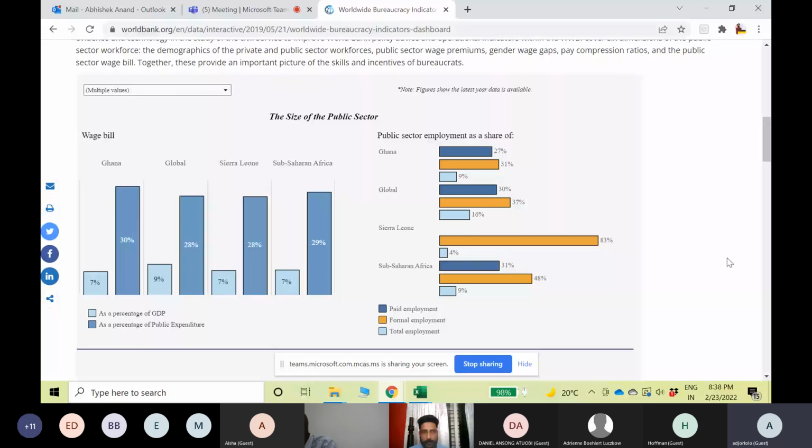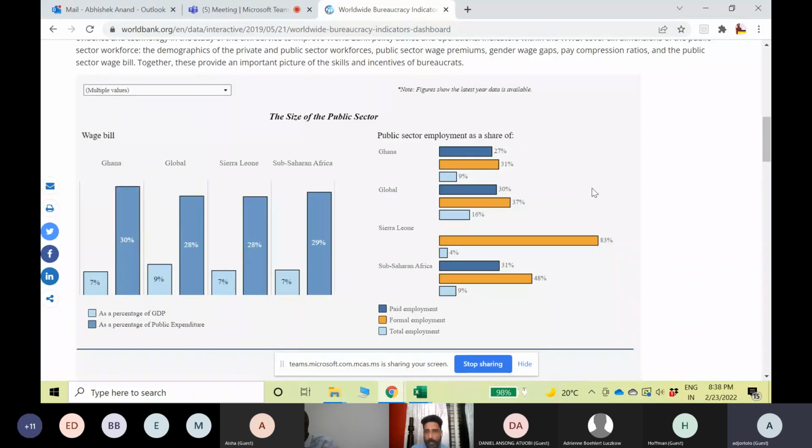The overall wage bill, okay, fine. But now let's look at some of the details. What we are looking at in the second chart is private sector and public sector paid employment. So how many people are employed in the public sector?